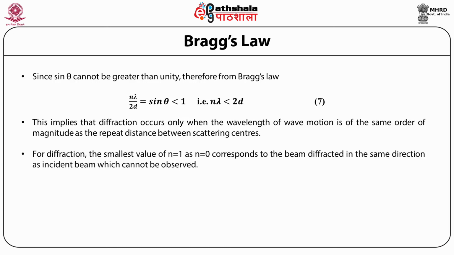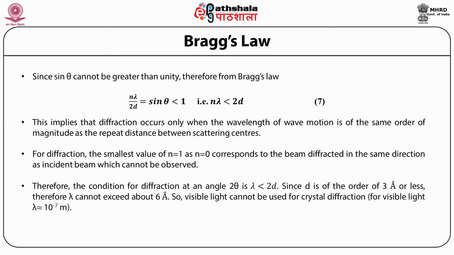For diffraction, the smallest value of n is 1, as n equal to 0 corresponds to the beam diffracted in the same direction as the incident beam, which cannot be observed. Therefore, the condition of diffraction at an angle 2 theta is lambda less than 2d.